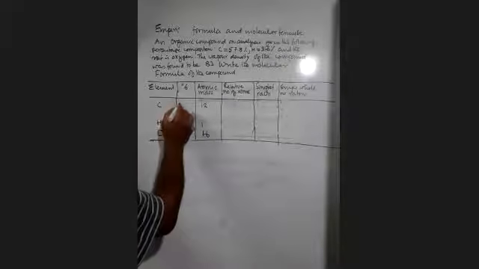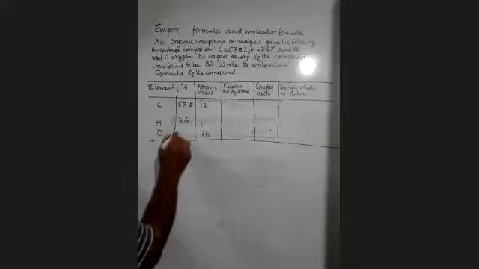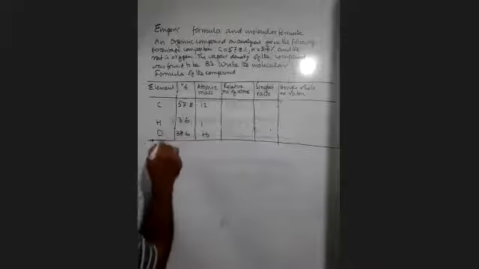So now how much is it here? 57.8, 3.6. Oxygen, how much? 38.6. Okay.